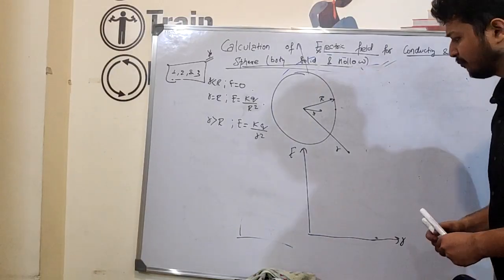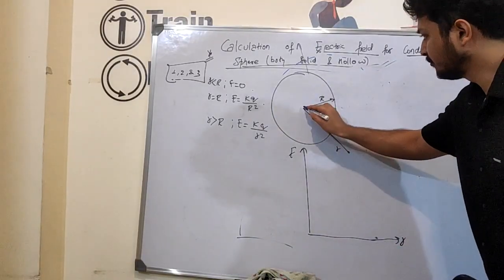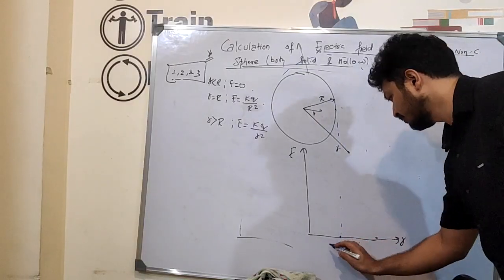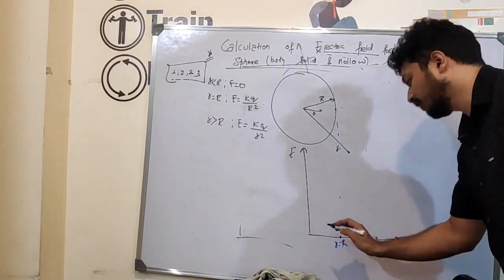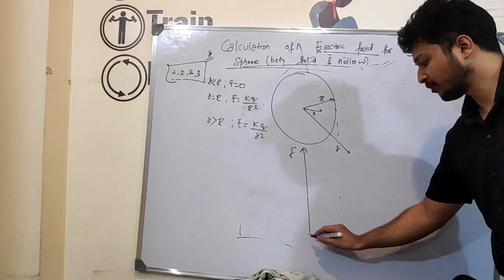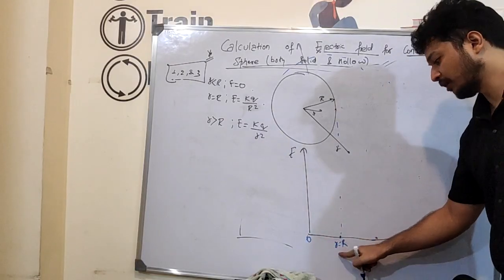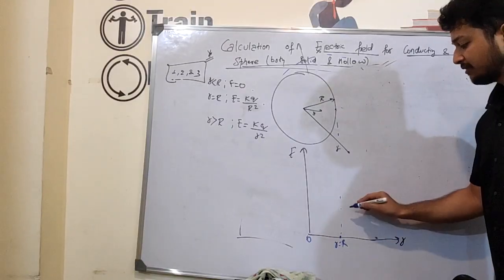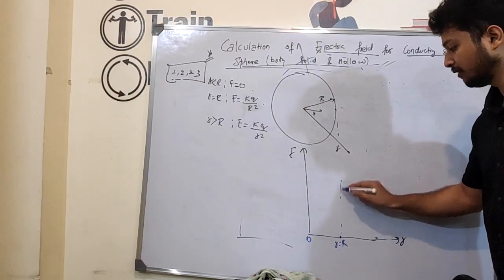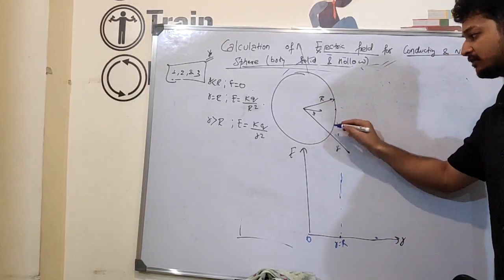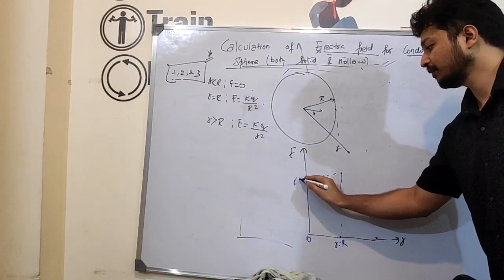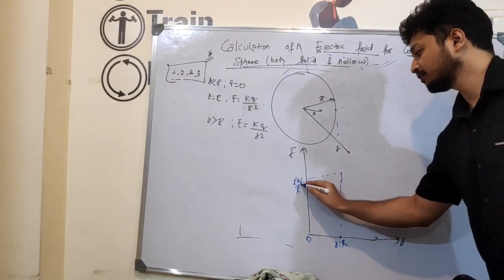That means if we plot the values from the center, r equals 0 to r equals R, the electric field will be 0. From the surface, it's just going to start from having a value of kq by R square.